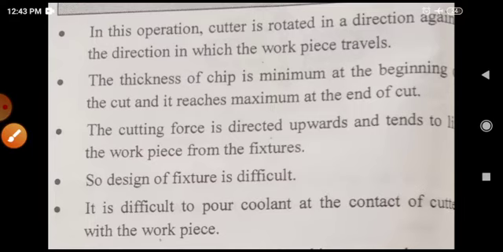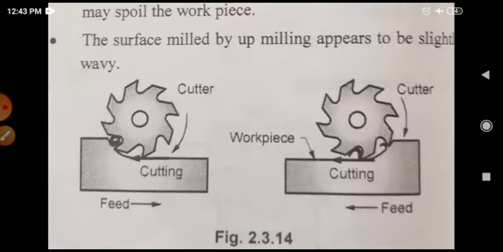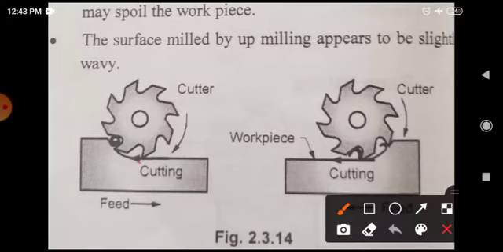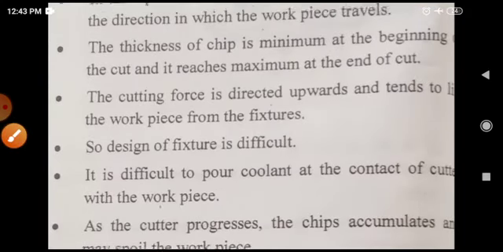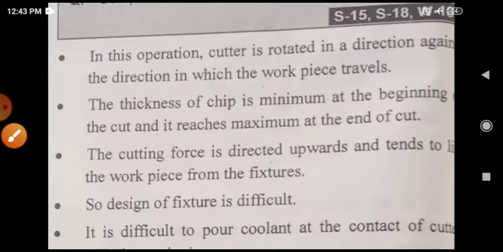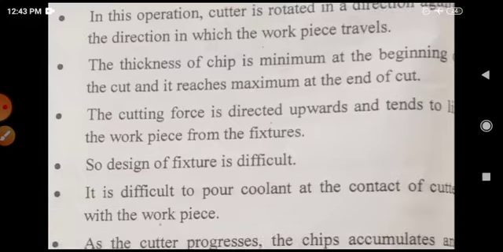Let's see about this. The thickness of the chip is minimum at the beginning of the cut and reaches maximum at the end of the cut. In this up milling process, you can see the cut is maximum at the bottom and it decreases onward. The thickness of the chip is minimum at the beginning and goes on increasing as the cutting tool passes.